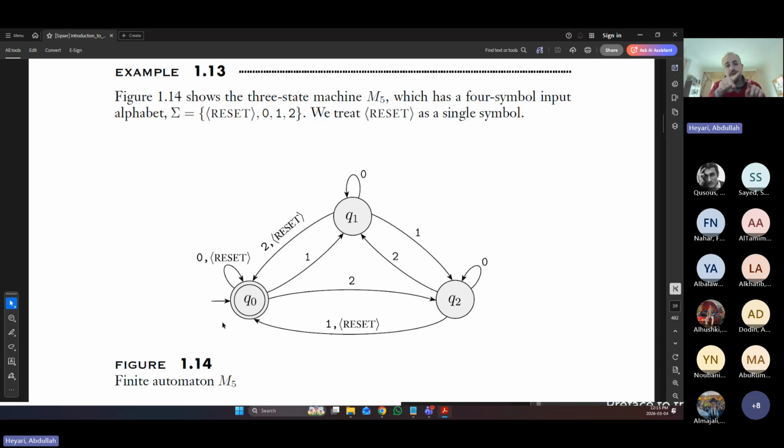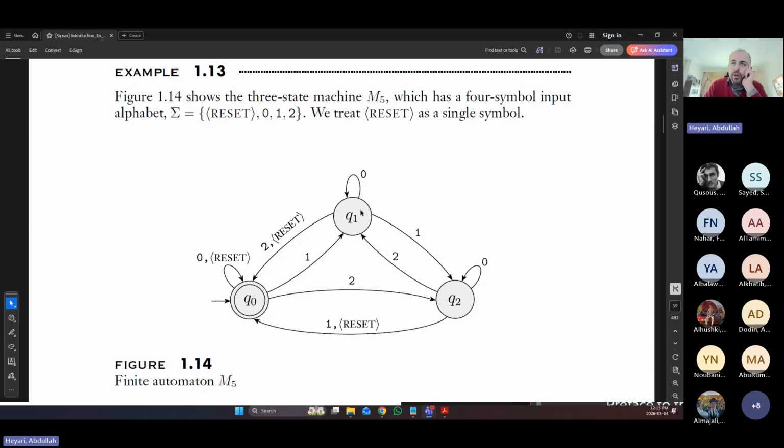Starting from Q0, if you read 1, now we have 1 in the counter. But we moved from Q0 to Q1. What if I read another 1?